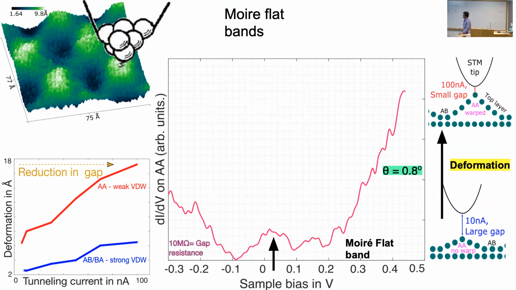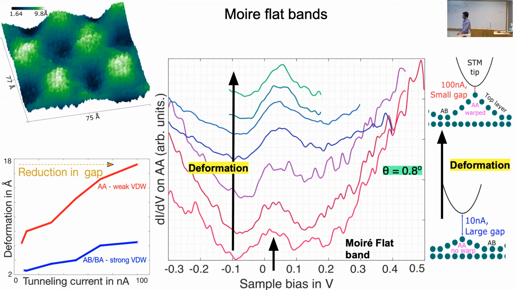Now, as we deform these moire domains, let's measure the conductance as a function of these deformations. When we do that, we observe that the peaks are going narrower and narrower, sharper and sharper, and we can measure the amount by which it's going narrower. We can calculate the full width half maximum, which goes from around 100 millivolts at the bottom of the curve to 75 millivolts.